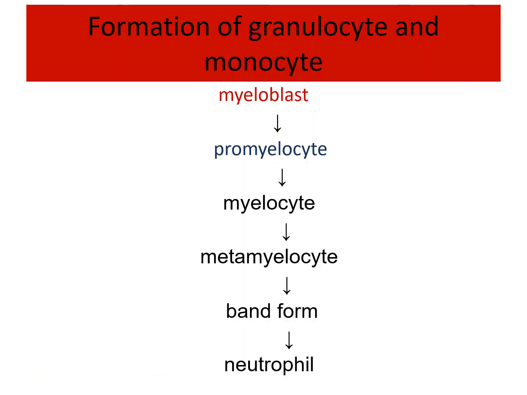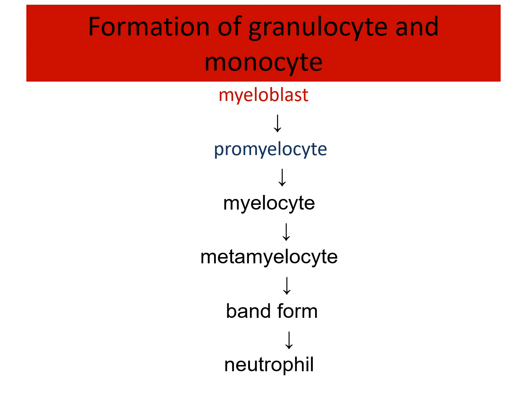The first cell is a myeloblast, which you see in the bone marrow. The myeloblast converts into promyelocytes. The promyelocytes convert into myelocytes. Myelocytes convert into metamyelocytes, and these metamyelocytes convert into band form, and then finally neutrophils, eosinophils, basophils appear.